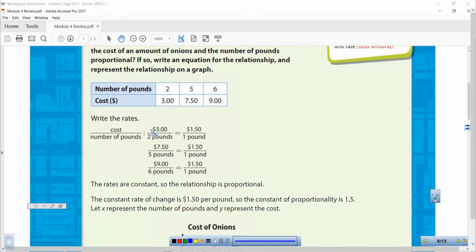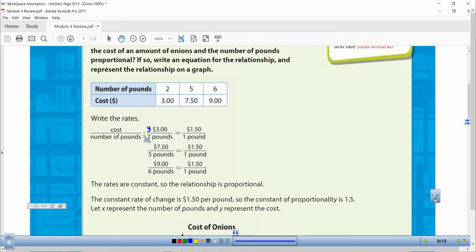They did y divided by x for the first one, and they got 1.5, or $1.50 per pound. They did the same thing for that one, and for that one. Every time they did y divided by x, it turned out to be 1.5, which is equivalent in money to $1.50 per pound.